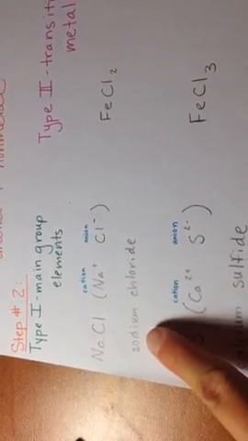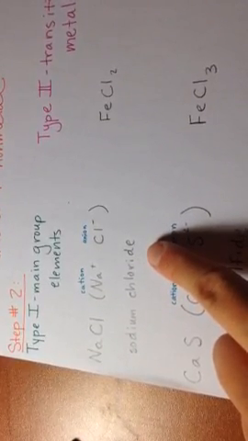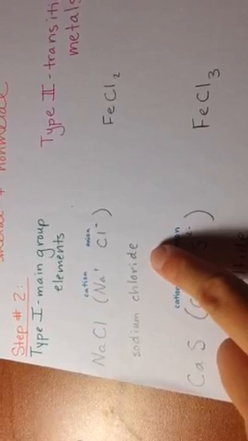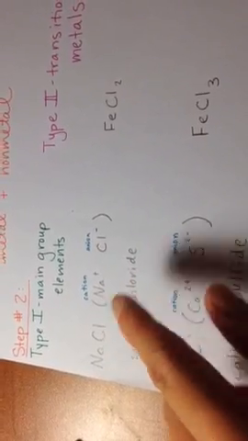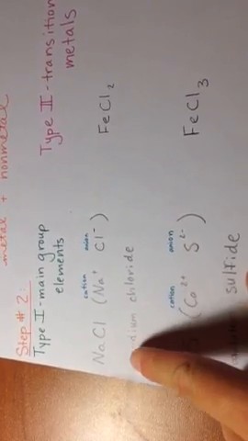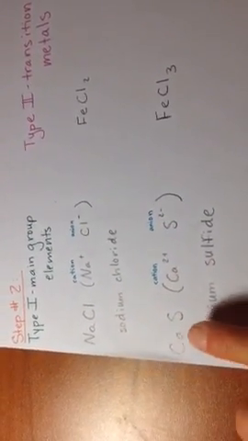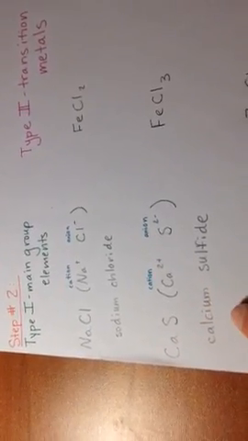You leave the cation name the same, and then you add -ide to the ending of the anion after you've dropped whatever ending it originally had. So NaCl becomes sodium chloride, and CaS becomes calcium sulfide.